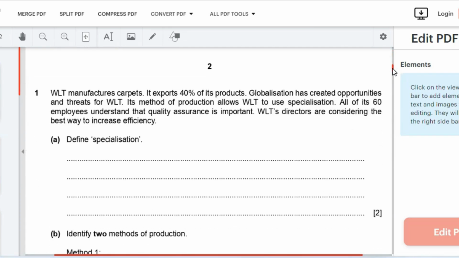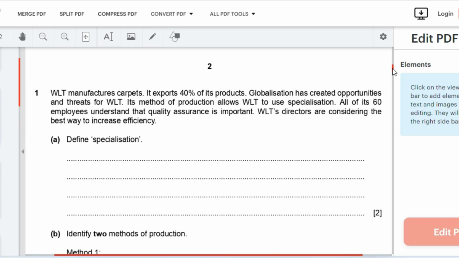We have question 1. We have a little summary here. Let us read that out. WLT manufactures carpets. That is the name of a company. It exports 40% of its products. Globalization has created opportunities and threats for WLT.